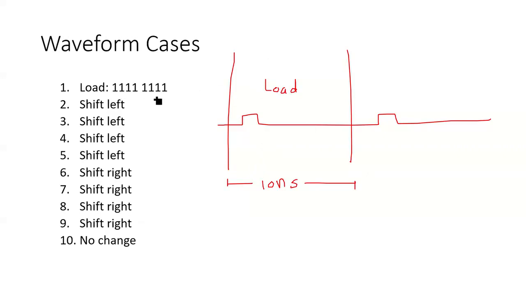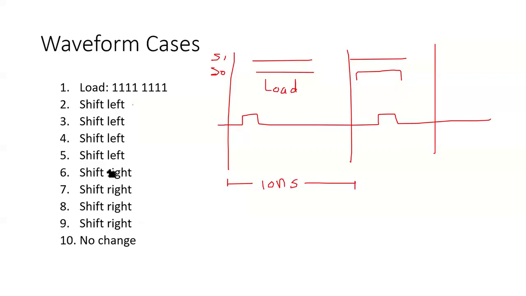In the next 10 nanosecond window, you'll perform shift left. So to perform shift left, you'll give select lines S1 and 0 as 0 and 1. So for load, they are going to be 0, 0. For shift left, they're going to be 0 and 1. So you need to perform shift left multiple times so that we can see that all of your bit slices are working properly.